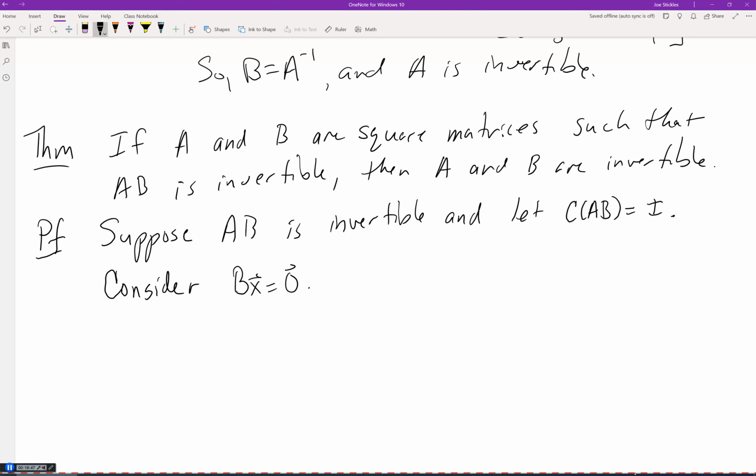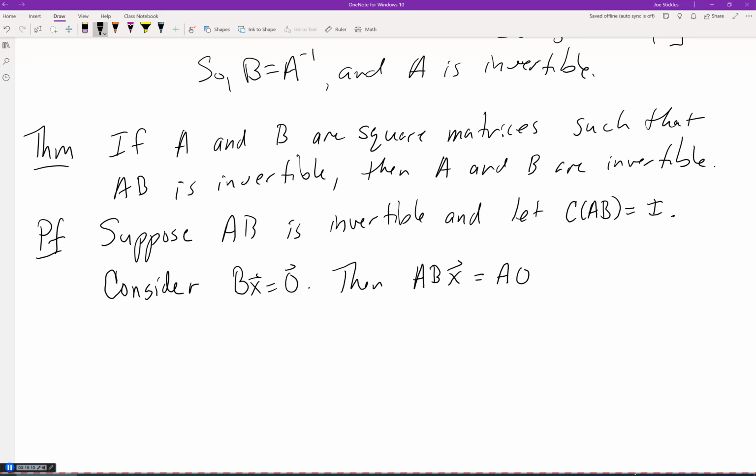Well, I'm going to multiply by A. I guess I didn't need the C in this particular case, but I can. If I multiply both sides by A, what do we get? Well, I get A times B times x.